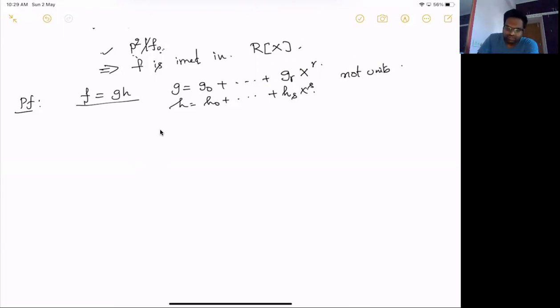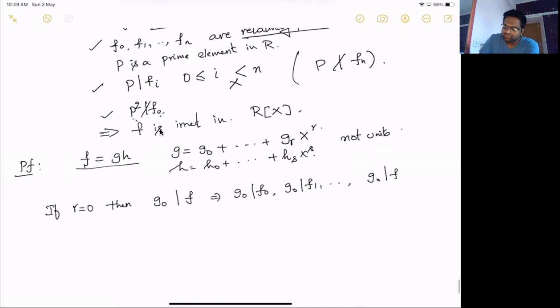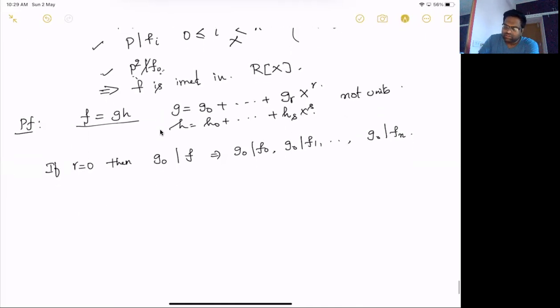If r is equal to 0, then it follows that G0 would divide F, and in particular G0 would divide F0, G0 would divide F1, G0 would divide Fn. So G0 is a common factor, and we have assumed that these are not units.